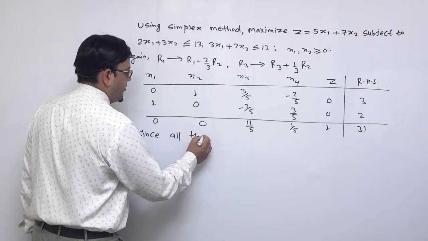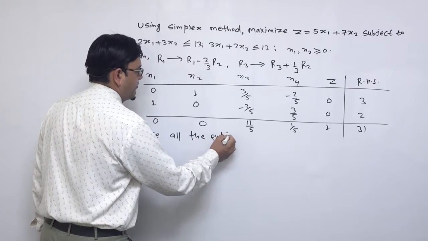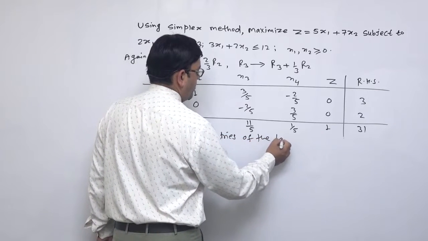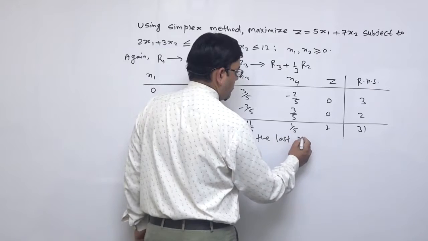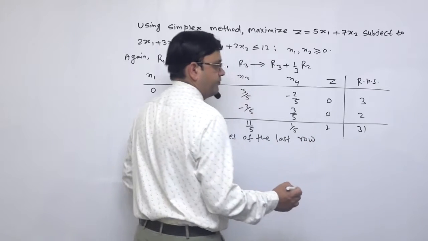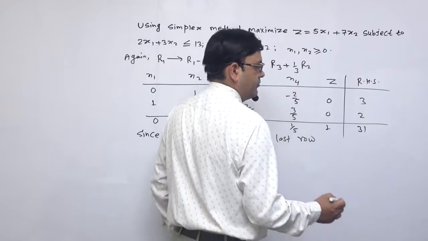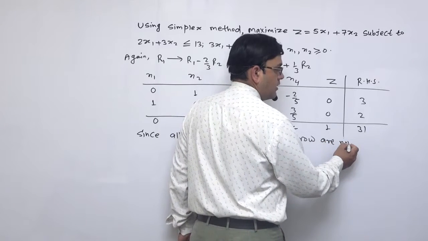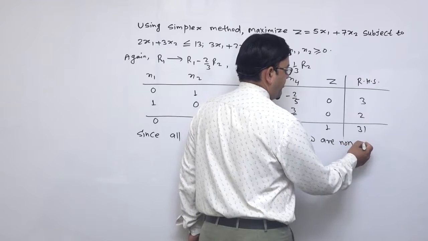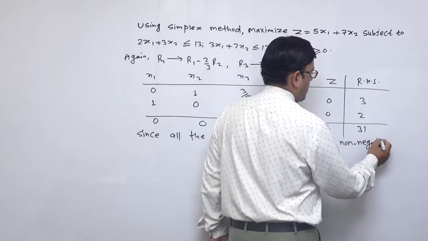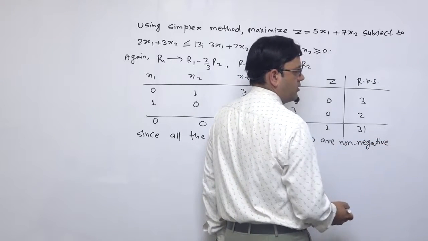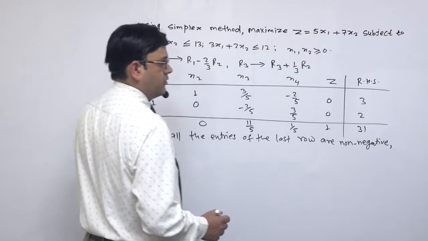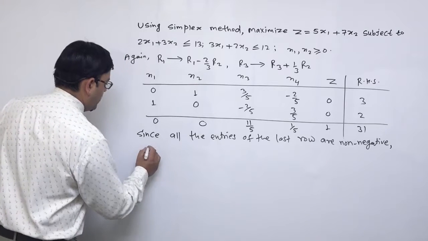Since all the entries of the last row are non-negative, so the optimal solution is obtained.